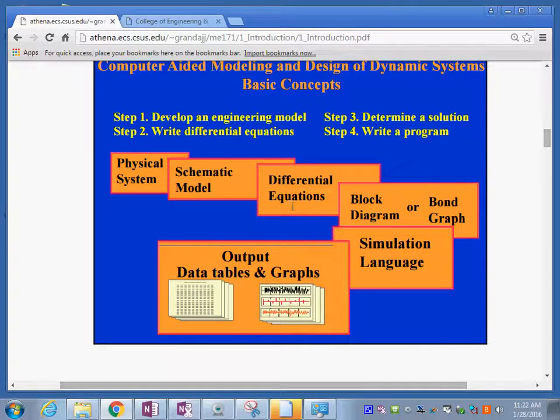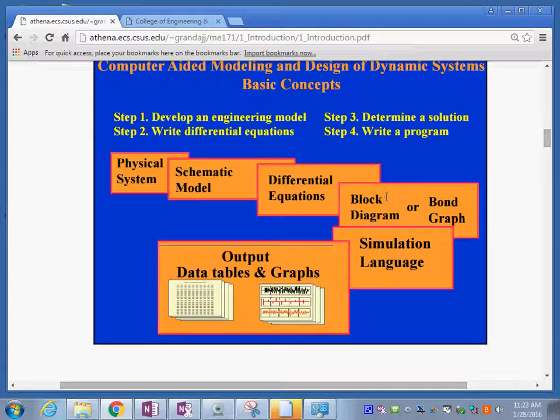We can do these different things, like I told you, by hand, or we can do it using the computer. This step where you go from a schematic model to the mathematical representation is what CAMP-G does. CAMP-G is a software package. CAMP-G stands for Computer Aided Modeling Program with Graphical Input.